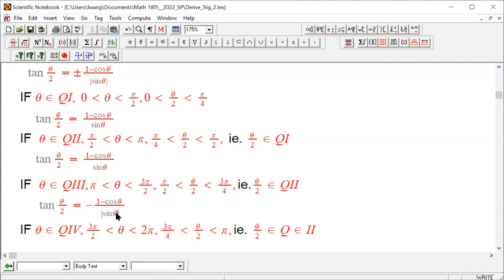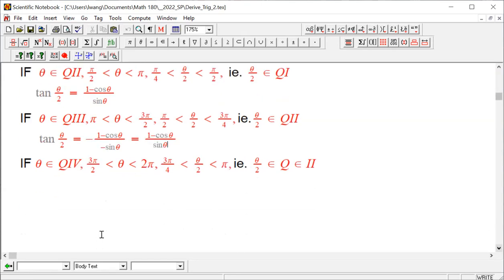But sine theta, when theta is in the third quadrant, sine theta is negative. The absolute value of a negative is its opposite. So we end up with negative divided by negative. So in the end, we get 1 minus cosine theta divided by sine theta.